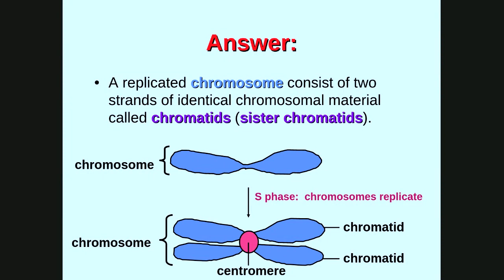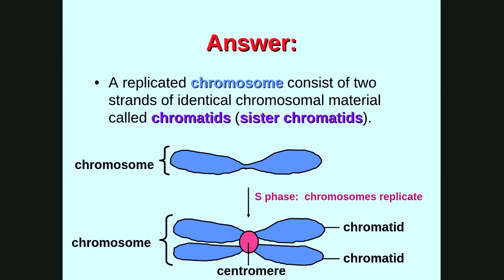And this is one chromatid, and when the S phase occurs, chromosomes replicate and form the same copy of this chromosome, and these two copies are joined together with the help of a particular type of protein known as a centromere. So the centromere is a type of protein which combines the two sister chromatids with each other.